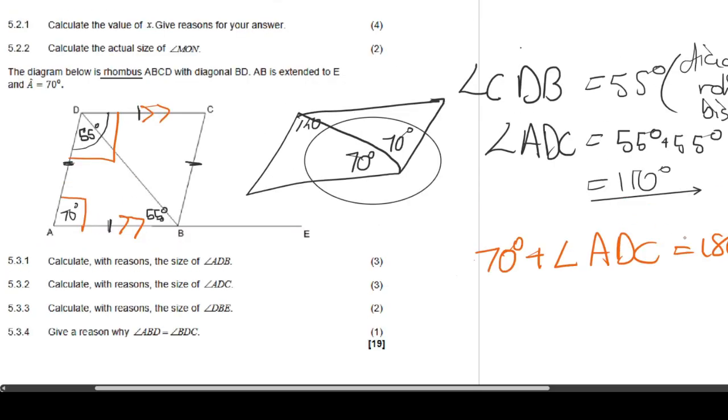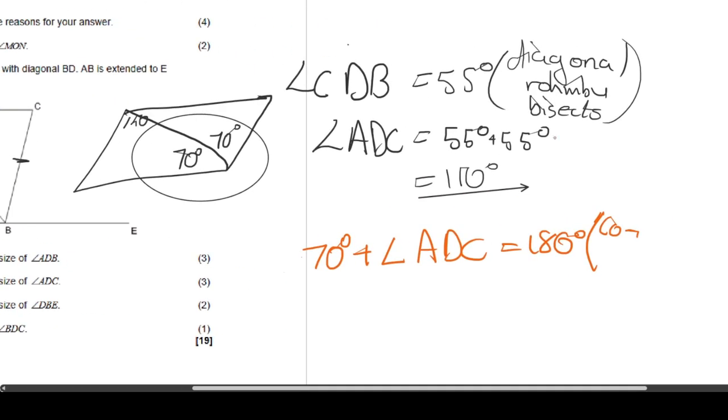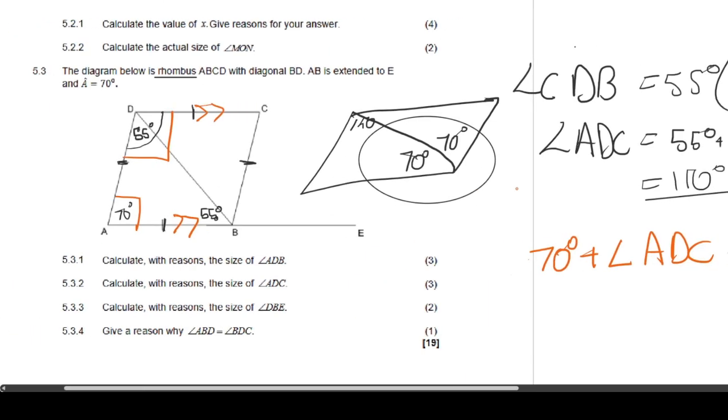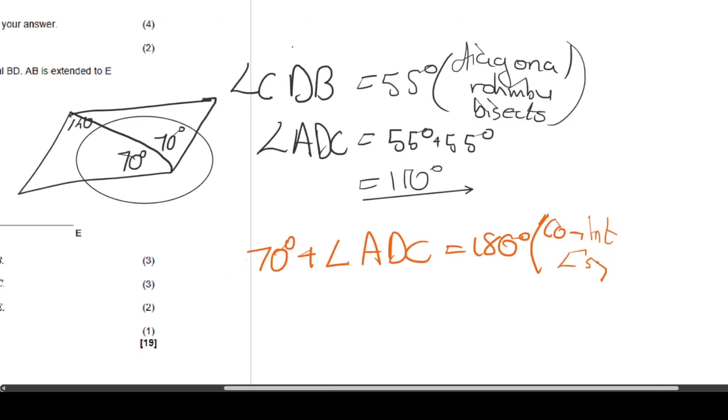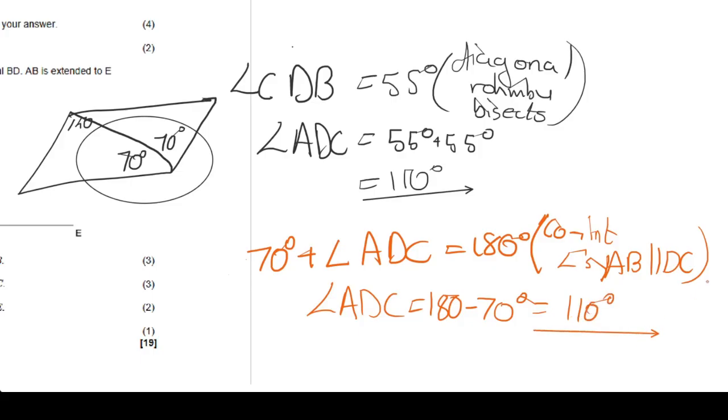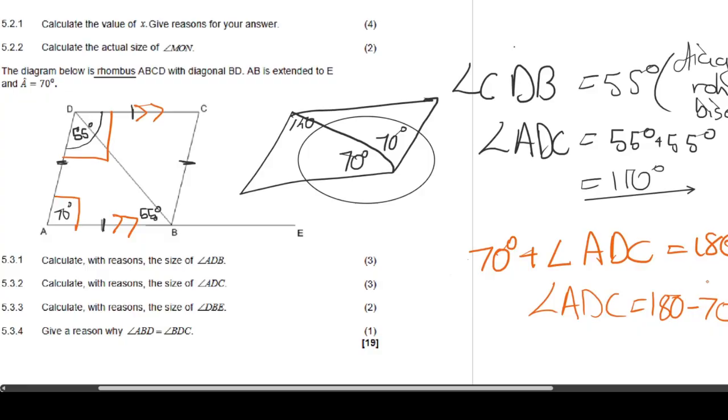Reason: co-interior angles. Which ones did we use? We used AB parallel to DC. So then angle ADC is equal to 180 minus 70 degrees, which is equal to 110 degrees, which is the same. So you could use either method there.